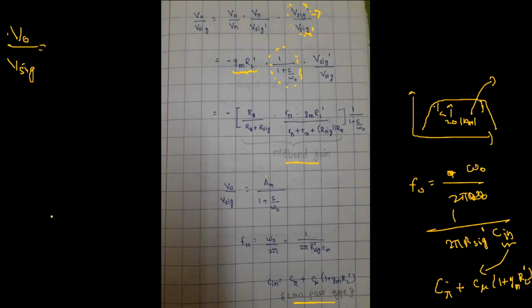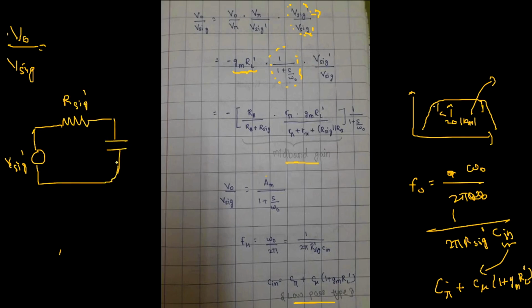Okay, so when we are looking at it from the input side alone, we have V signal dash, we have R signal dash, and we have C input, which was calculated as the resultant of the C equivalent and C pi being in parallel.